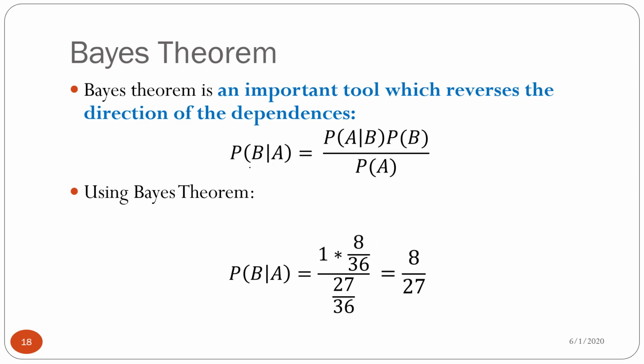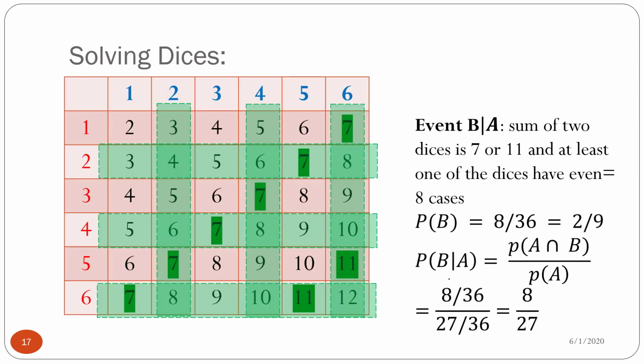Probability of B given A we can compute if we know probability of A given B, probability of B, and probability of A. We found the conditional probability of A given B was 1, and we know the probability of B is 8 by 36, and we also know that probability of A is 27 by 36. Just put that in the expression and you'll get the result, which is the probability of B given A as 8 by 27.